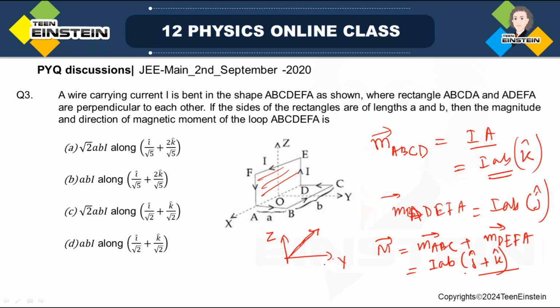I have to get the magnitude by taking the square root of a square plus b square.